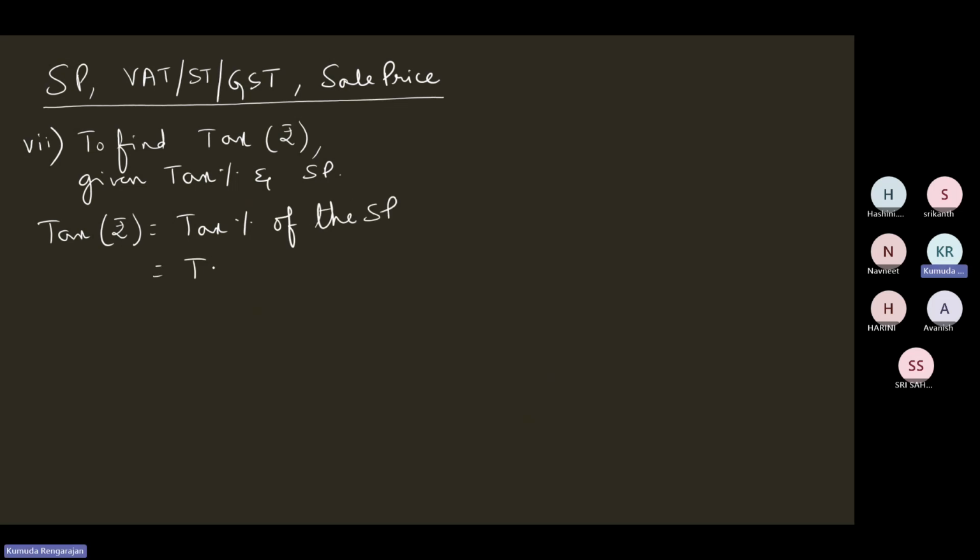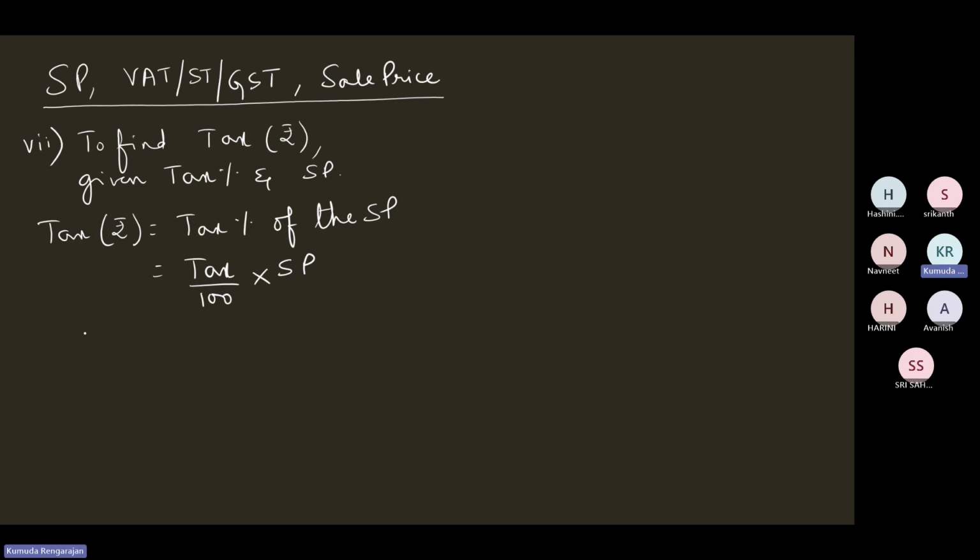That means tax by 100 into SP. This will give you the tax in rupees. The formula is: whatever the tax percentage, that one by 100 into SP, because percent means by 100, into SP will give you the tax in rupees.